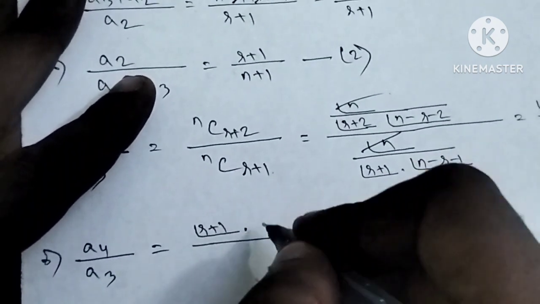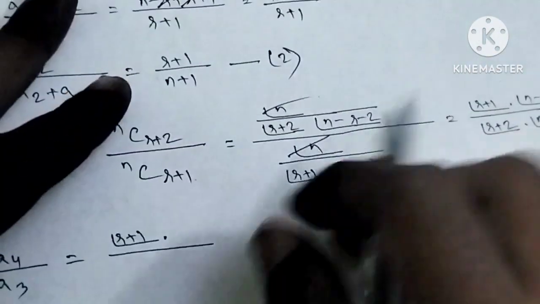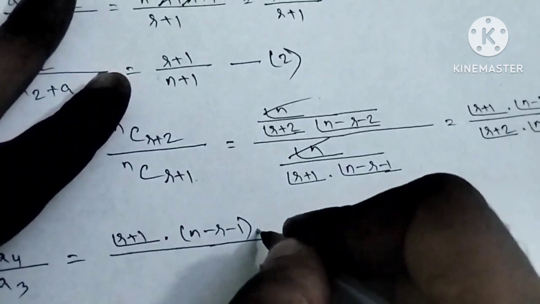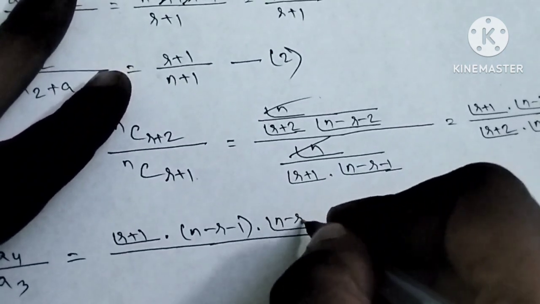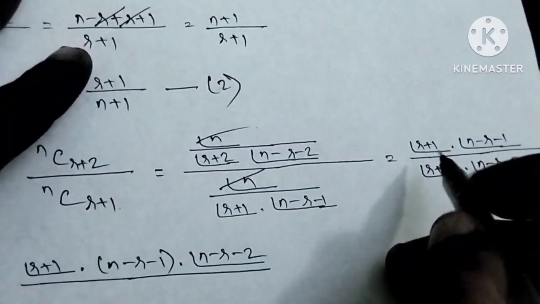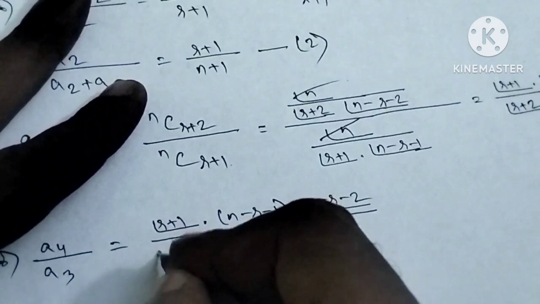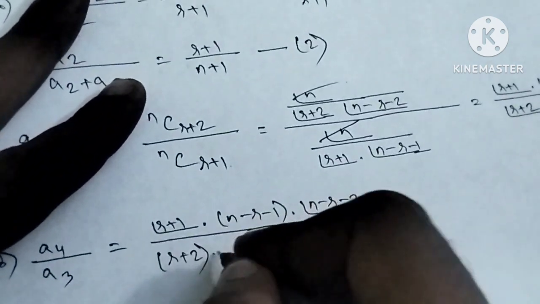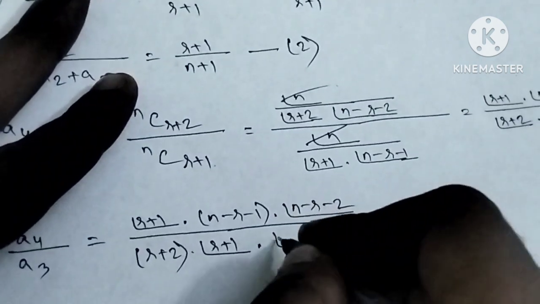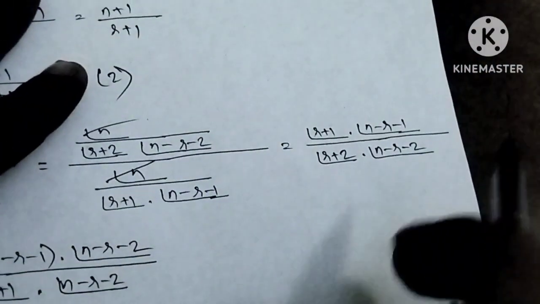Then (n-r-1) factorial can be written as (n-r-1) into (n-r-2) factorial, and (r+2) factorial I am writing as (r+2) into (r+1) factorial into (n-r-2) factorial.